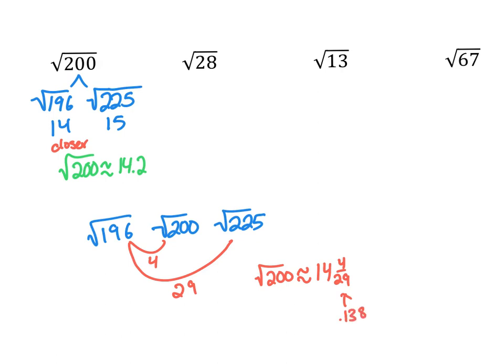So therefore, the square root of 200 is about 14.138. Now, if you actually type it on a calculator, the square root of 200 is 14.142. That's pretty close. So we use this method where we figure out the fraction that basically creates the decimal for our square root to get more exact. We can get to the nearest hundredths place if we want to.